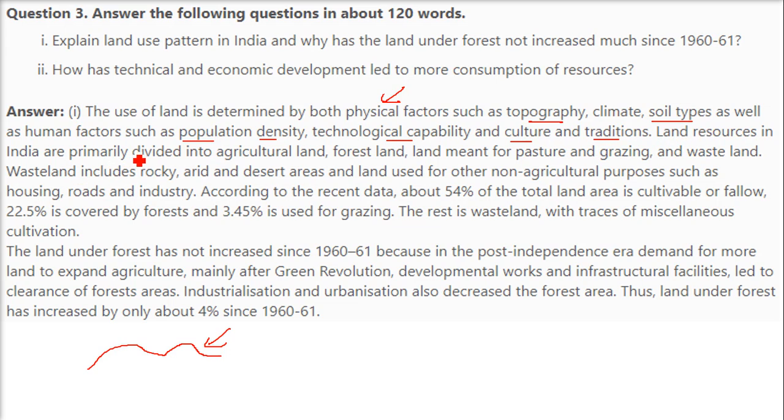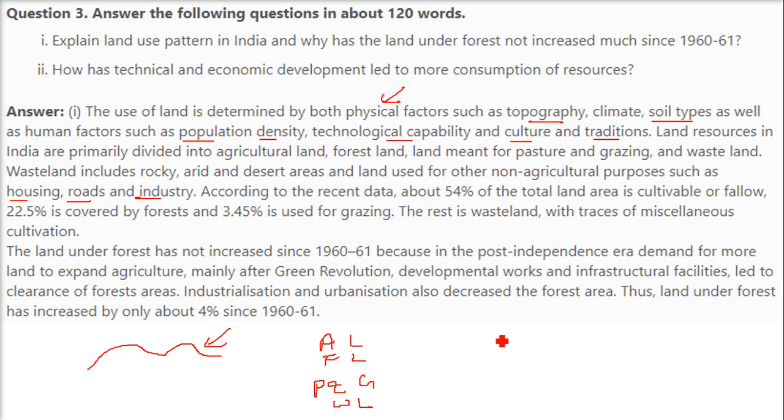So land resources in India are primarily divided into agriculture land, forest land, and land meant for pasture and grazing, and wasteland. Wasteland includes rocky, arid and desert areas, and land used for other non-agriculture purposes are for housing, roads and industry.